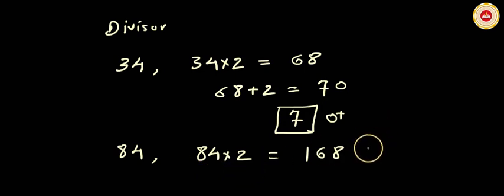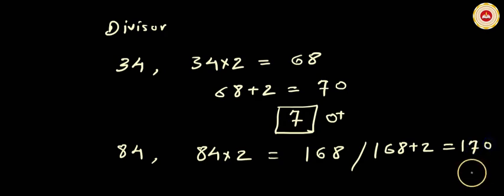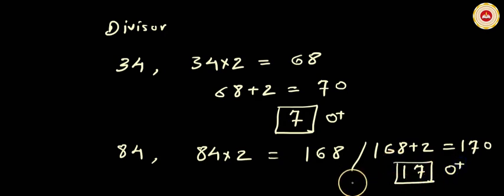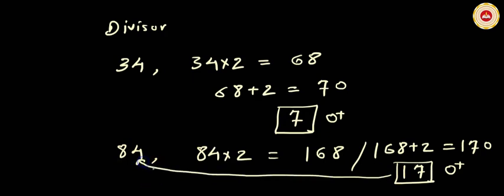Now let us add 2 to this 168, which gives us 170. Neglect this 0 and write 17 only. Correct? This 17 is positive osculator for given divisor 84.